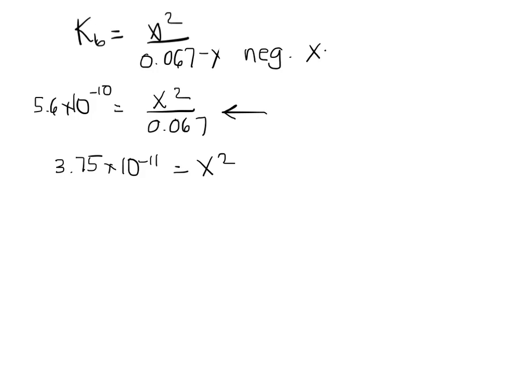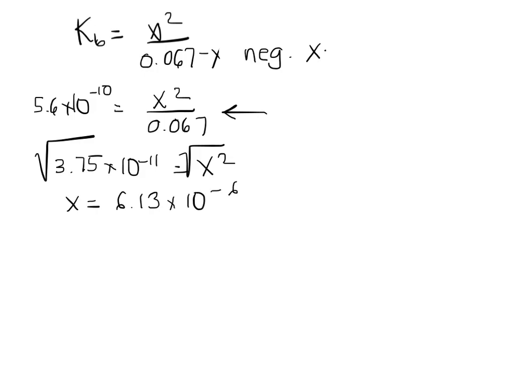Okay, 3.75 times 10 to the negative 11 equals x squared. So take the square root of both sides to get your x. X is going to equal 6.13 times 10 to the negative 6.